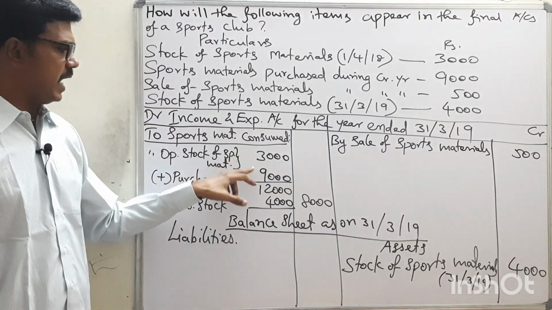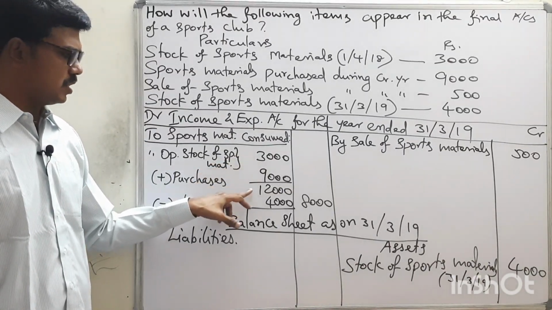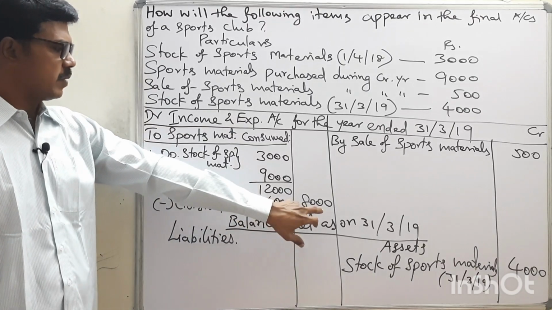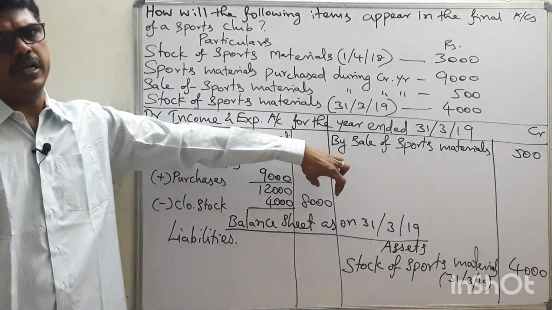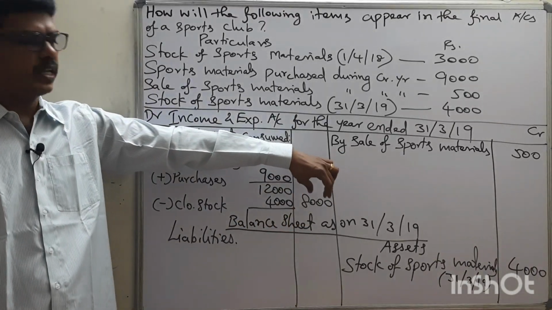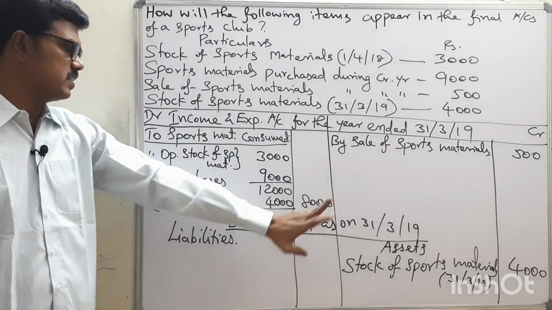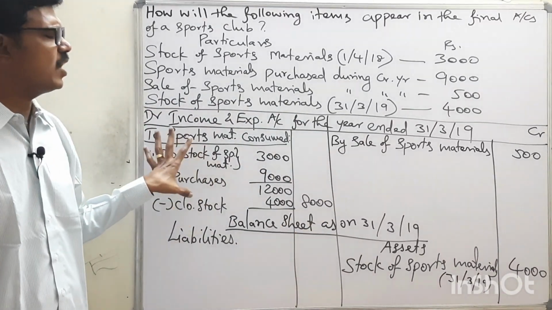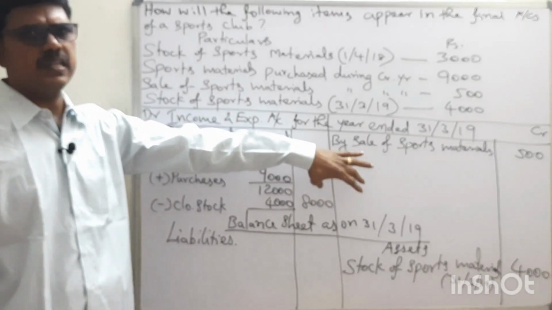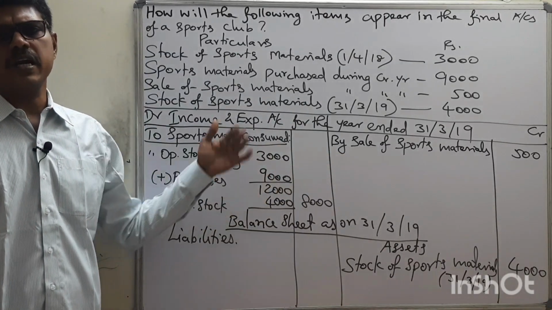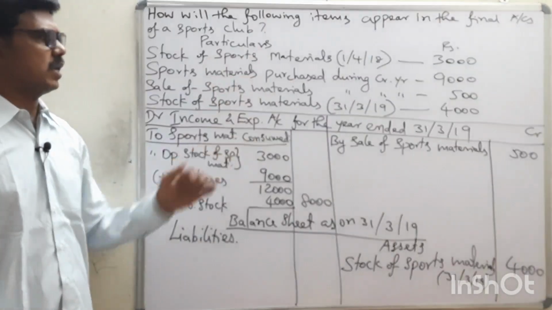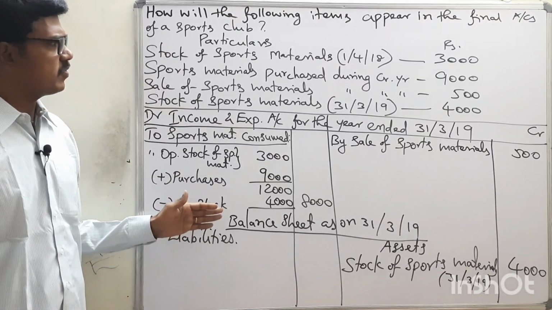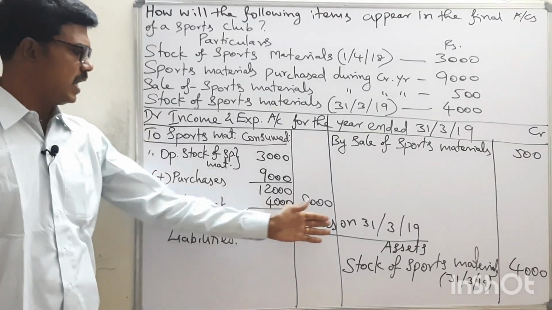So that is why we add: 3,000 plus 9,000 is 12, and 12 minus 4 tells us this amount is used. Sports material consumed during that year is 8,000 rupees. We have shown the details related to income and expenses according to their nature from the given particulars. Next, we are going to show the details in the balance sheet.